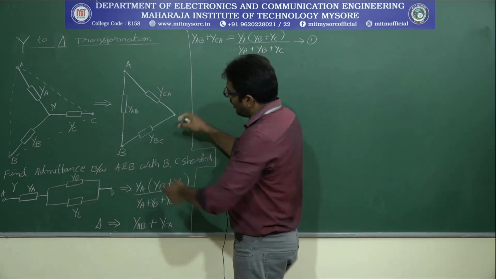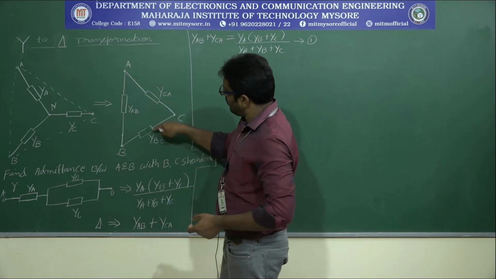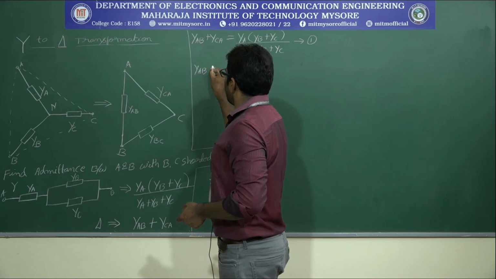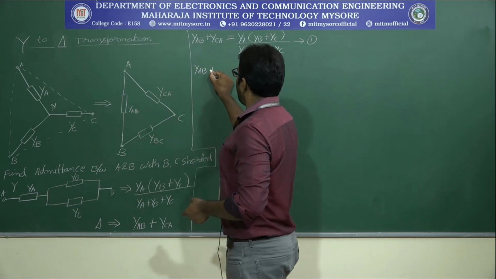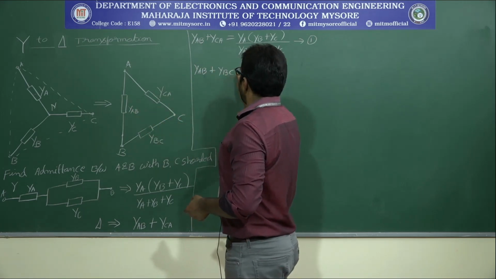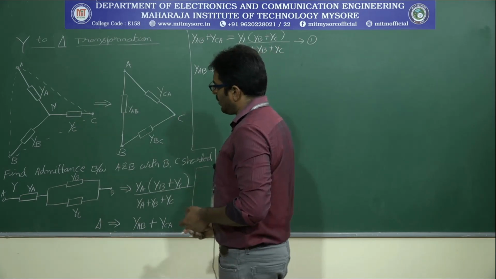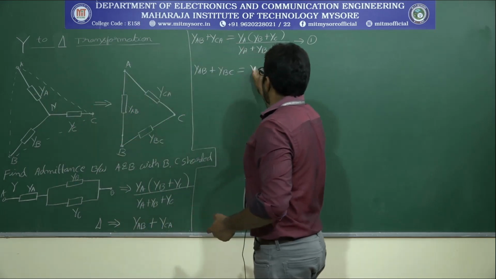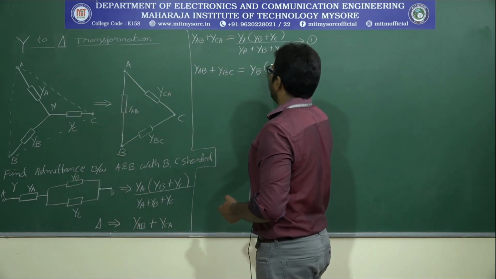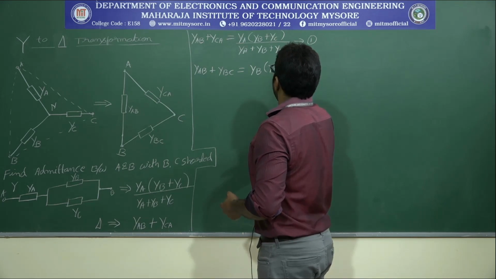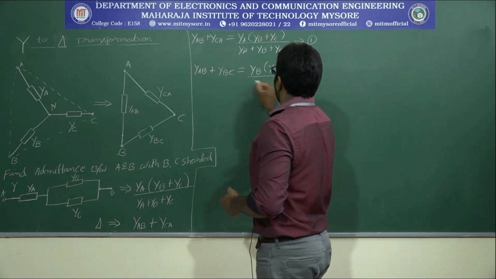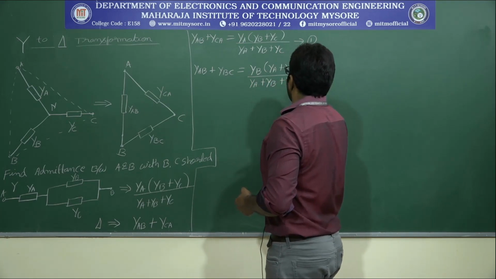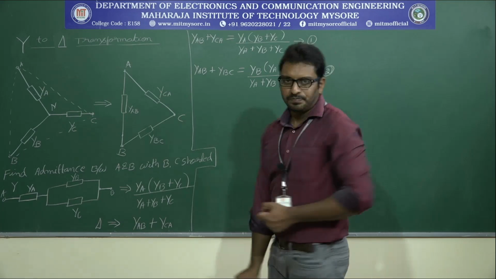Therefore, YAB plus YBC is equal to YB into YA plus YC whole divided by YA plus YB plus YC, and call this equation 2.